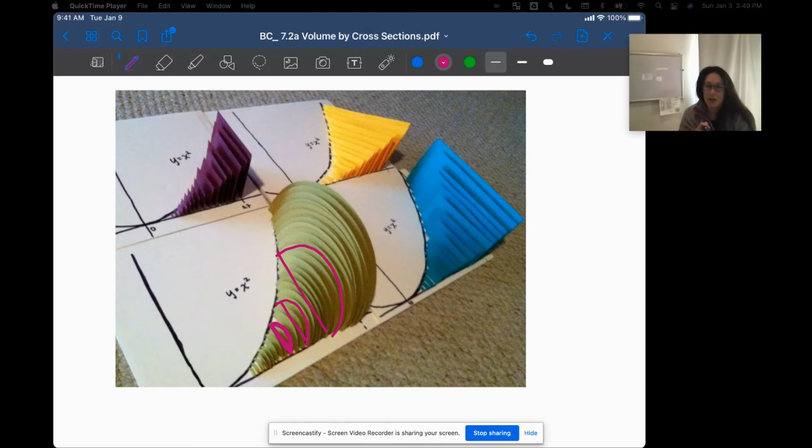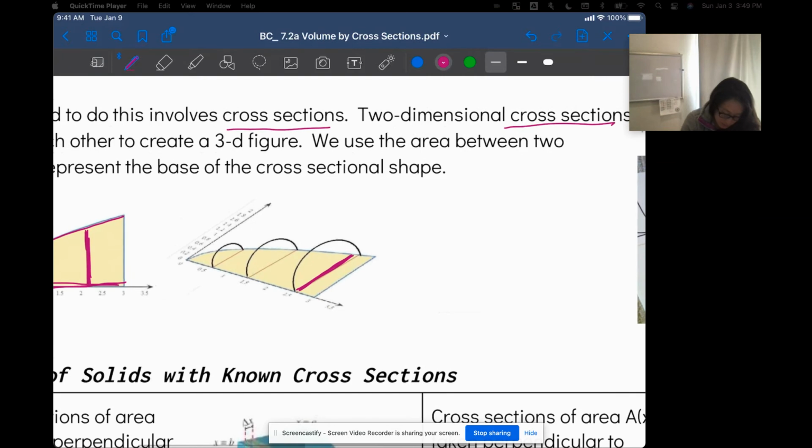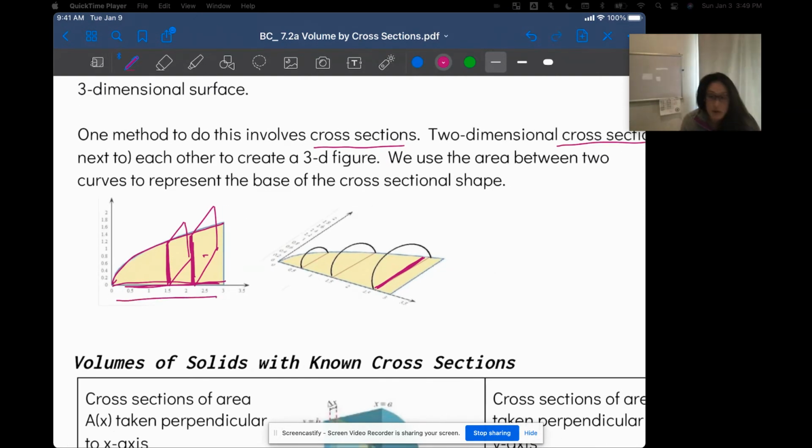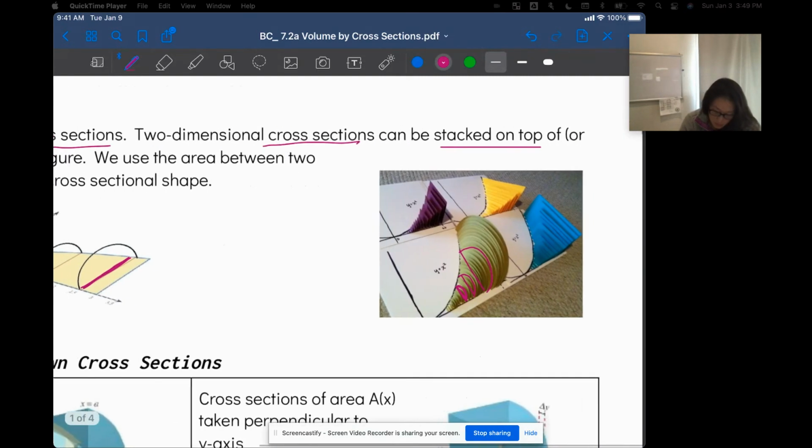Another way, we can pop out any shape that we want. If I were to draw this length right here and then boom, it would pop outward whatever shape you want, like a rectangle. The base of the rectangle will be the distance between the two curves, but what I'm actually going to use is the area of the shape to figure out the volume of the entire solid.